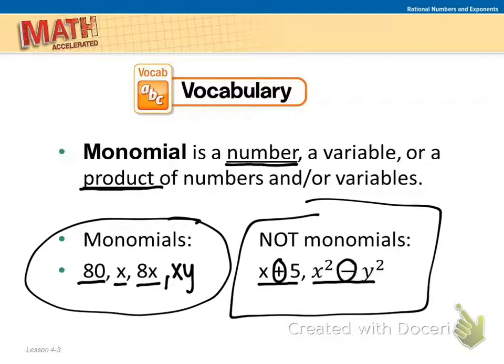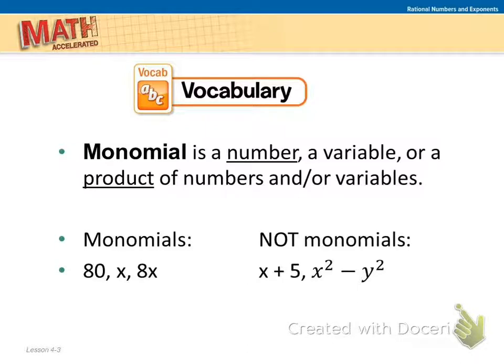So we're adding and subtracting, so that makes them not monomials. Well, but by themselves x, 5, x squared, right? Because we could represent that as the product of x times x, and y squared is the same. But when we're adding and subtracting them, that does not make that whole unit a monomial. All right, has everybody got that written down? Okay.